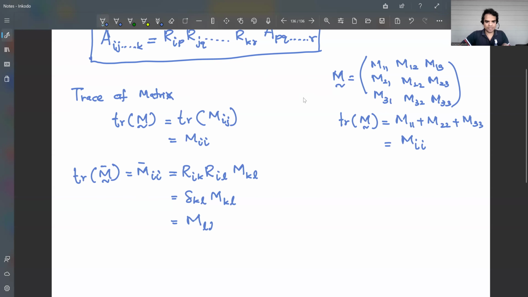What is MLL? L is a free index, you can write MII, no problem. This is actually MII because this is the dummy index, you can replace it with anything. So now this is actually the trace of matrix M. So what we have proved here is that the trace is also independent of the transformation rule.